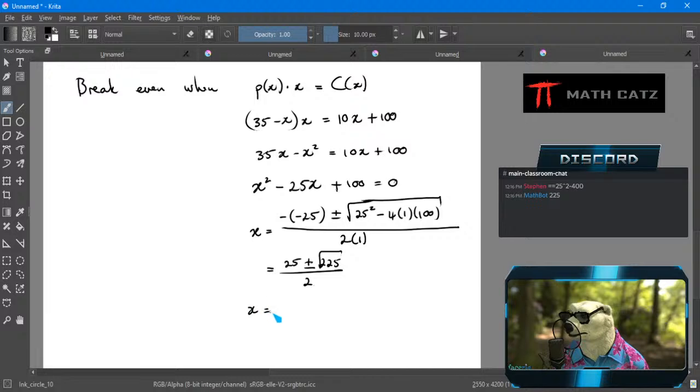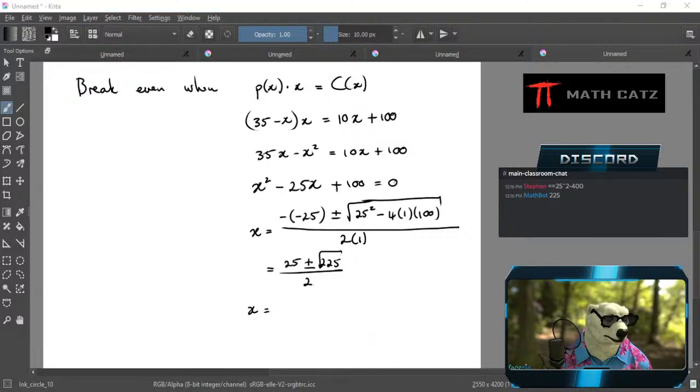So x is equal to what I get when I plus and what I get when I minus. Two options. When I look at the equation outside of the practical context, there could be negative numbers here, whatever answer. I then have to see which one makes sense when I look at the practical problem. So we'll just do them both.